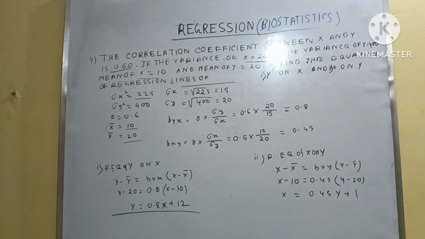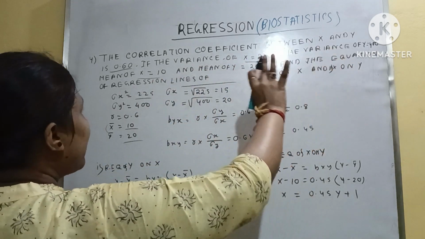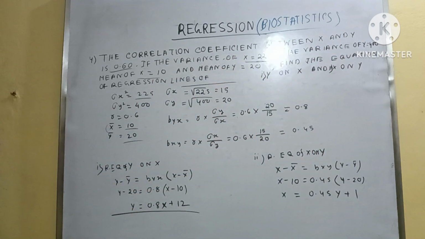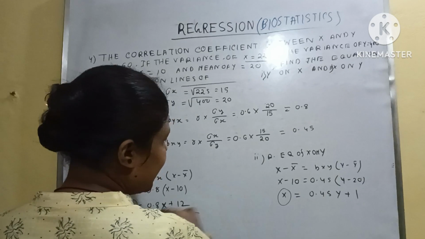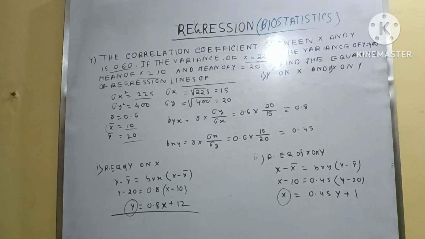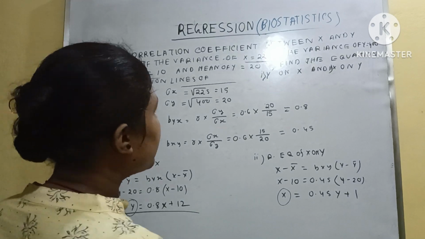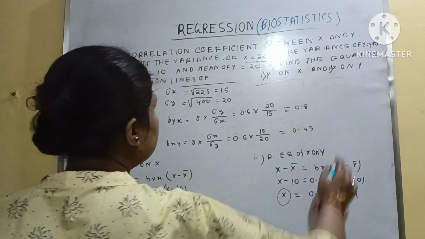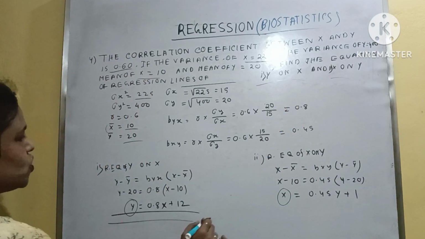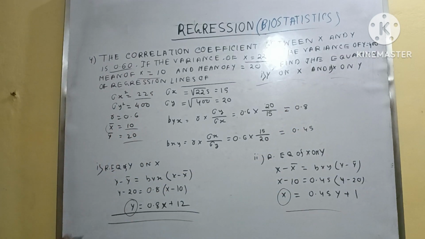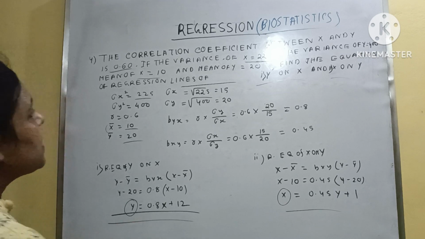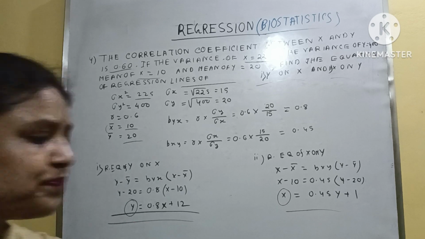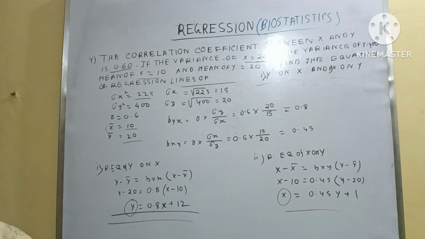And in the problem there are no x values and y values by which it is possible to calculate y or x. So they only want the equation. So this is the actual answer, the equation of y and the equation of x. Okay, so this is the actual solution of this problem.